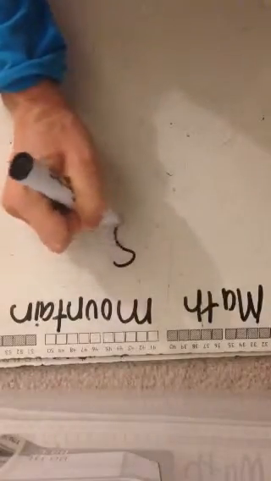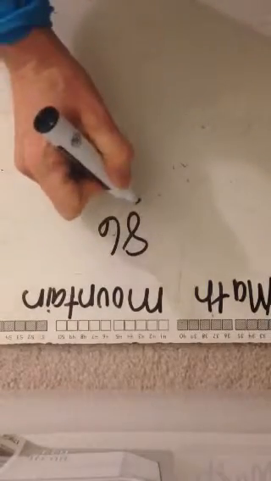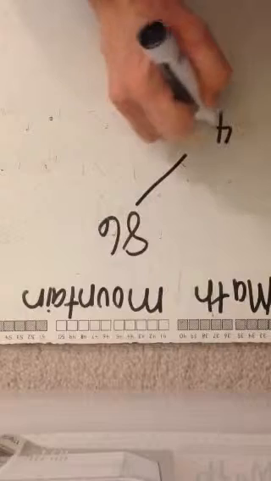So I am going to first do a Math Mountain, because we all know what Math Mountain is. We learned that in 1st grade, and that is a strategy, by the way, to help you solve. I know that there are 86 families, so I'm going to put that at the top of my Math Mountain. 48 families are playing games, so I know part of this 86 is 48.